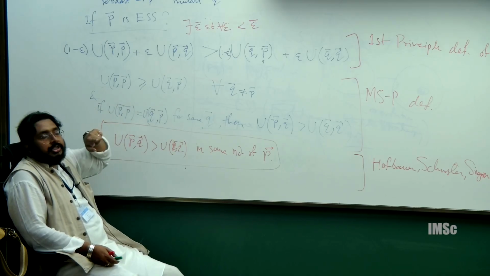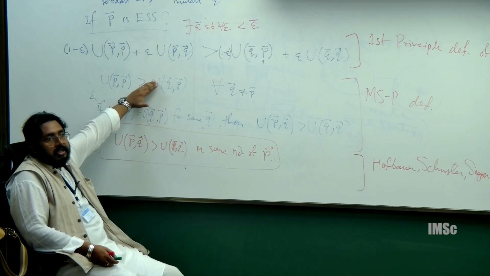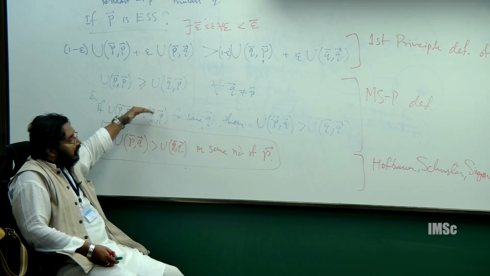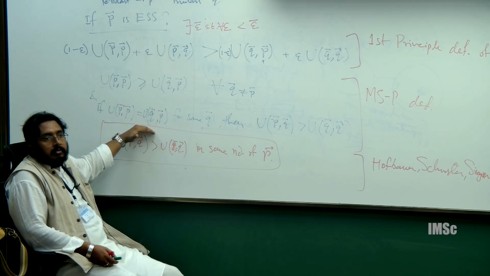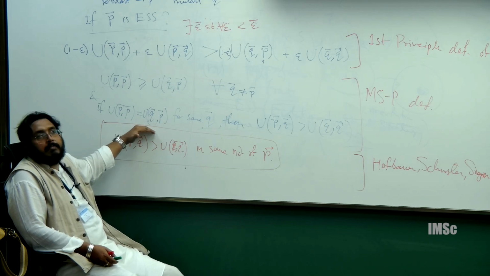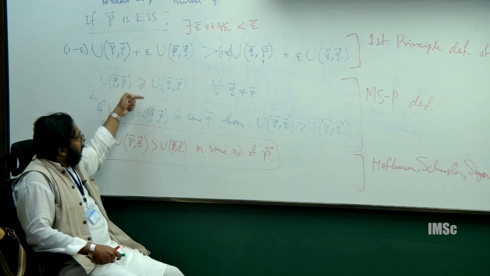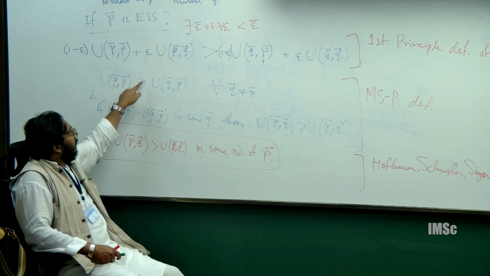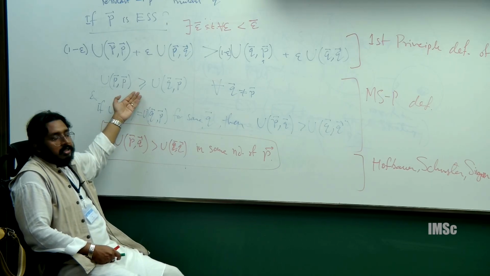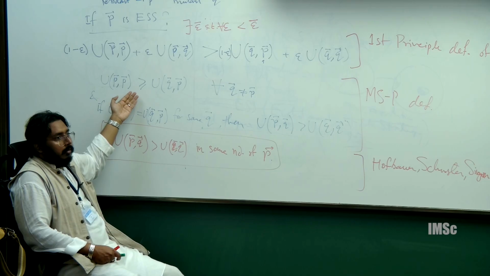If you have strict Nash, which means only the inequality is satisfied, you do not have to go to the second part of the definition. So that means if you have strict Nash, it always implies ESS. If you have ESS, then either greater than or equal to is satisfied, right.